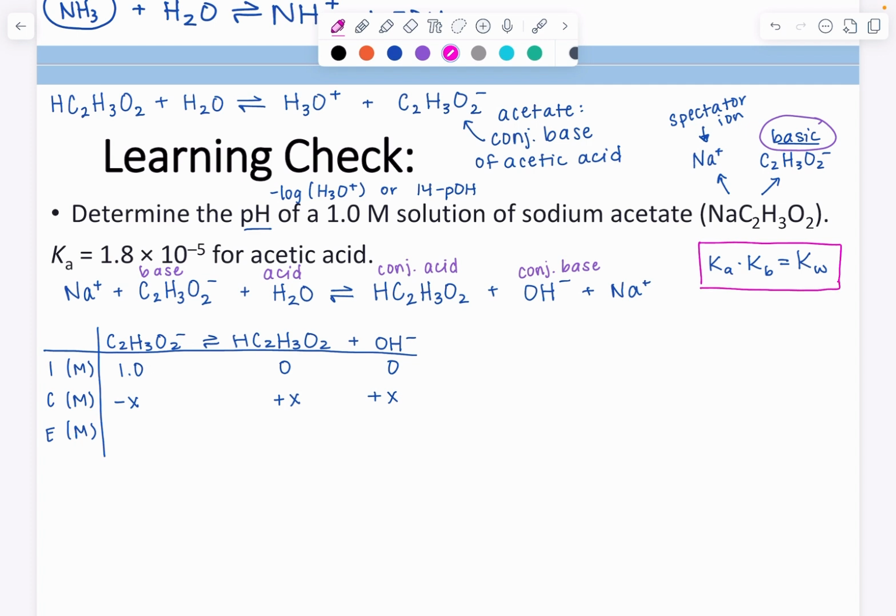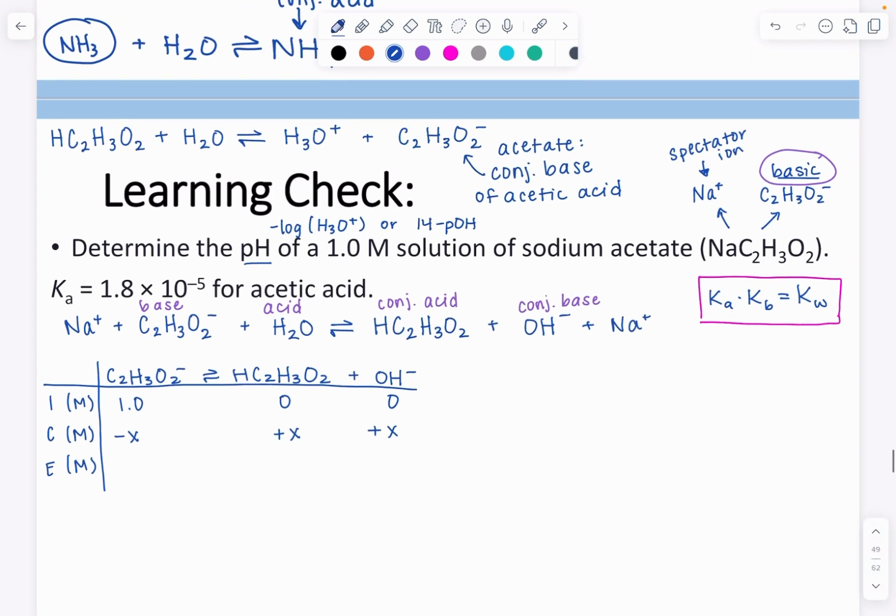Why is this important? Well, we have not added acetic acid to solution. We've added the conjugate base of acetic acid. So when we calculate the equilibrium ratio of products to reactants, this is actually Kb.